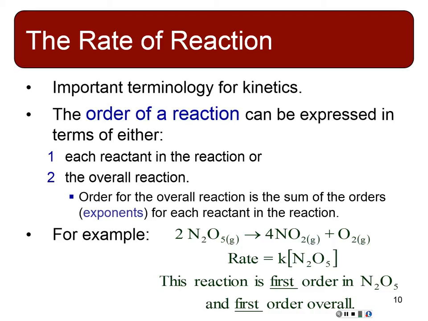No, you write them in separate brackets. And then you add up the orders, the exponents, to get your overall order. Does it matter if you spell out first or put 1? As long as I understand what you put.